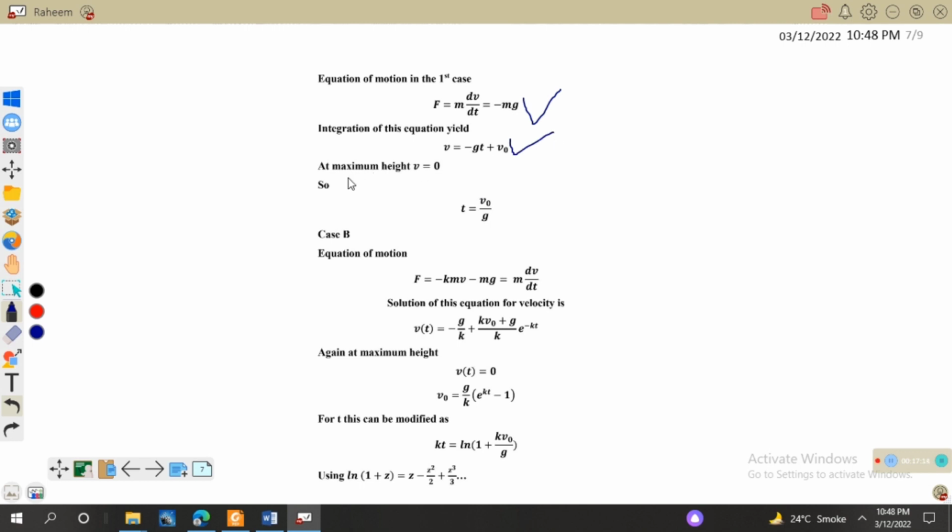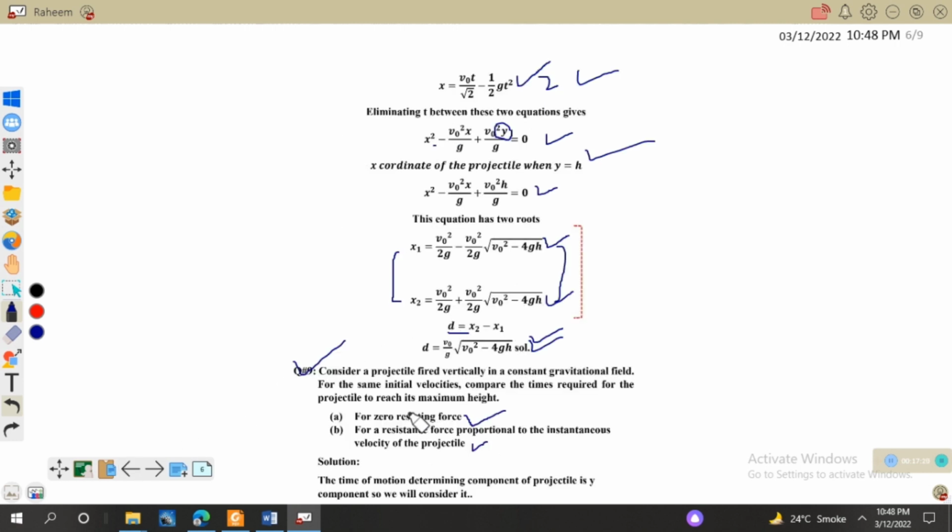At maximum height, because we have to find the time for the maximum height, if we go back to the question, the velocity of the projectile is 0.